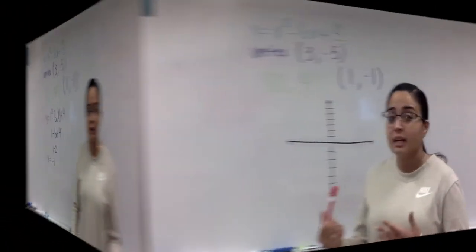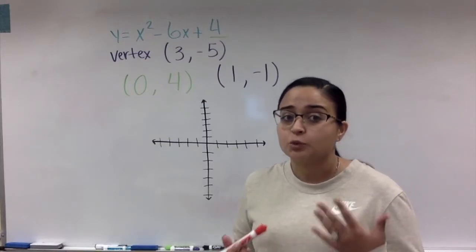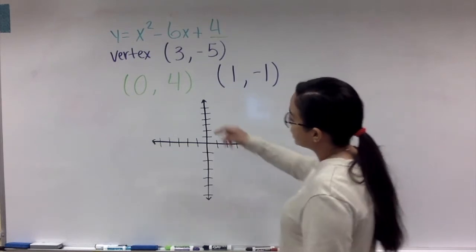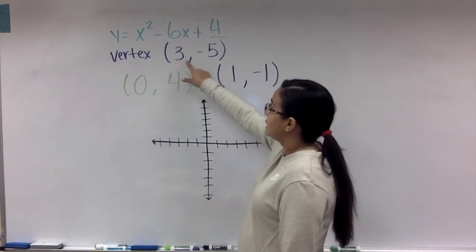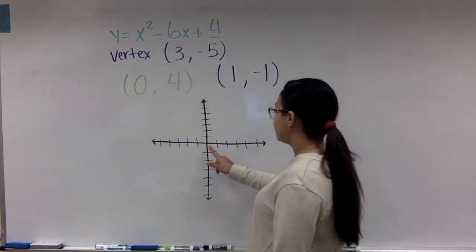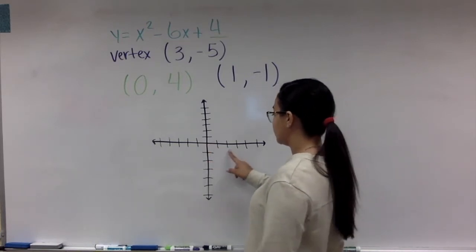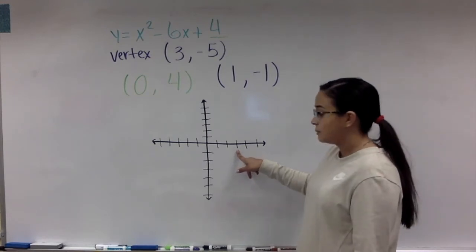Let's see how we would graph. Now let's go ahead and graph the points we got. Let's start off with our vertex. Our 3 stands for x, so we're going to move over 3 times on x. Positive, of course, so we're going this way. So 1, 2, 3. So we're going to be right here.